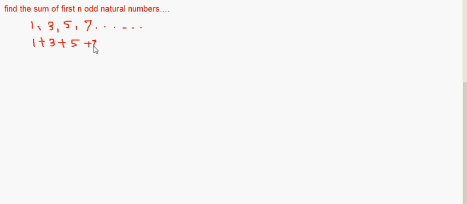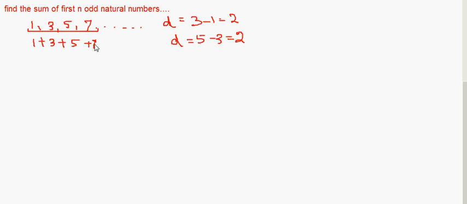Let us first see if we have prepared the right AP or not. So the d, A2 minus A1, that is 3 minus 1, gives you 2. A3 minus A2 gives you 2. So rightly we have made an AP.